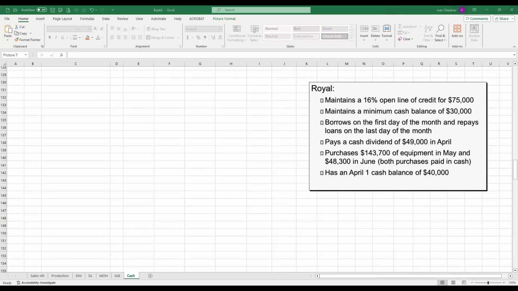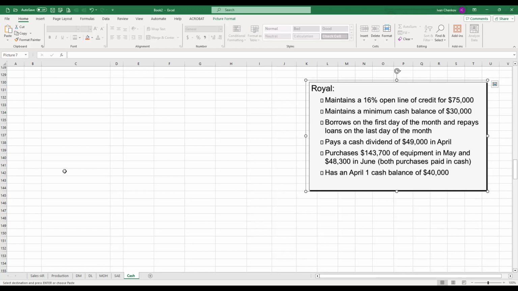So this company is giving us all this information. They maintain a 16% open line of credit for $75,000, maintain a minimum cash balance of $30,000, borrow on the first day of the month and pay back on the last day of the month.